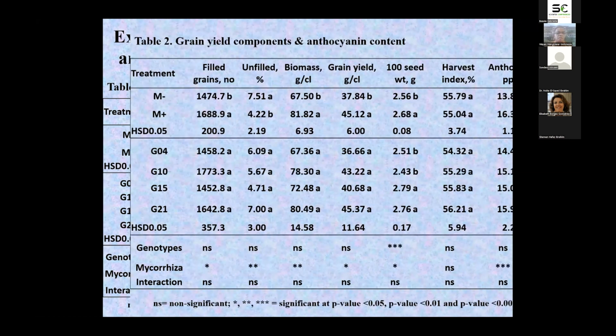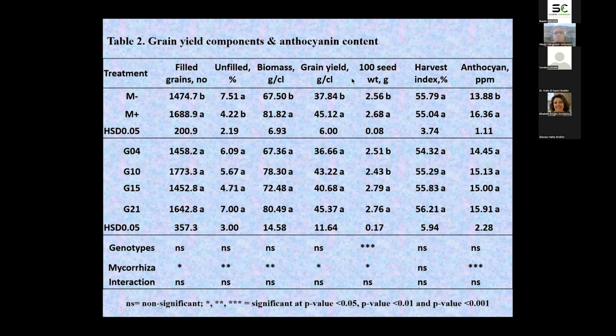This is for the grain yield and yield components. The most significant increase is in filled grain number. That means mycorrhiza helps increase photosynthesis or biomass production for seed growth during the seed filling phase.